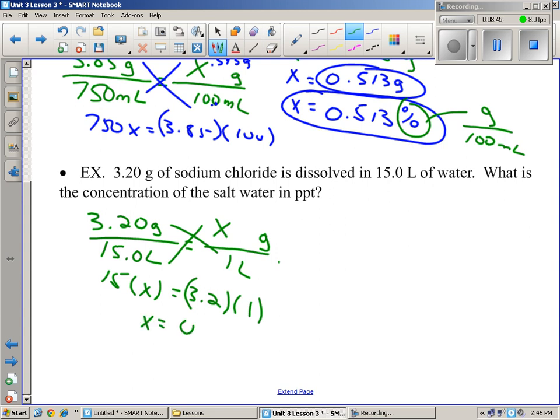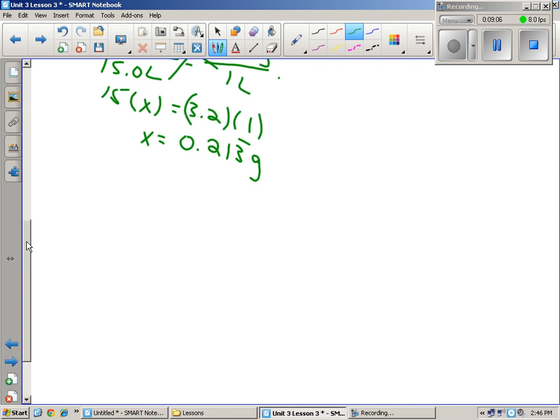And I believe you get 0.213333, et cetera, grams. Once again, significant digits, of course, so 3 and 3. Let's make sure we have 3 in our answer here. So we'll say 0.213 grams would be my final answer there.